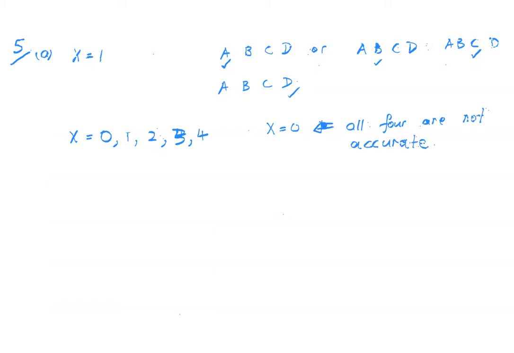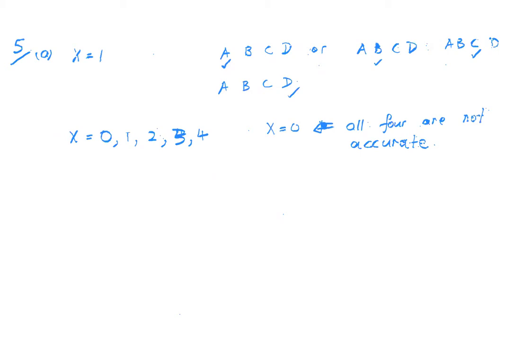If X is 1 accurate, I have 1, 2, 3, 4 outcomes. So they ask you to list the possible outcomes and the corresponding value of X.